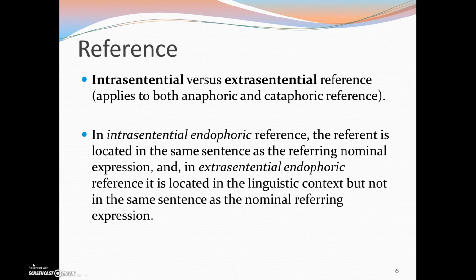That's why it's called intrasentential, right? Intra means inside. Whereas extrasentential endophoric reference, well, here it's located in the linguistic context, but not in the same actual sentence as the nominal referring expression. All right, so extra means outside. Extrasentential means outside the sentence.